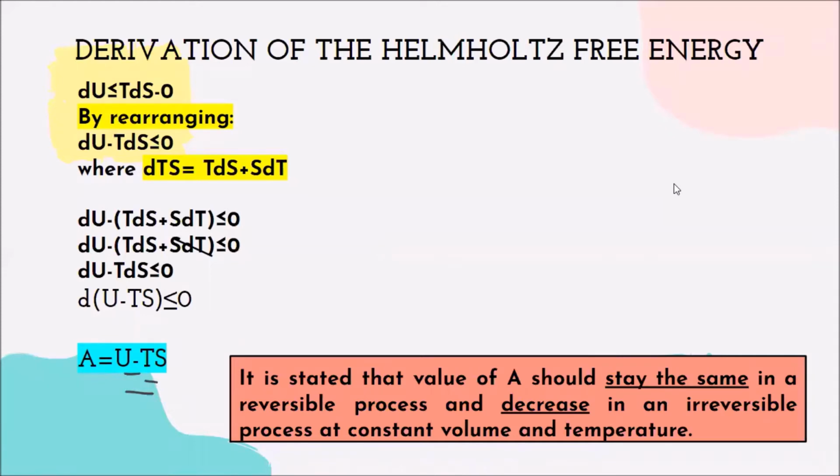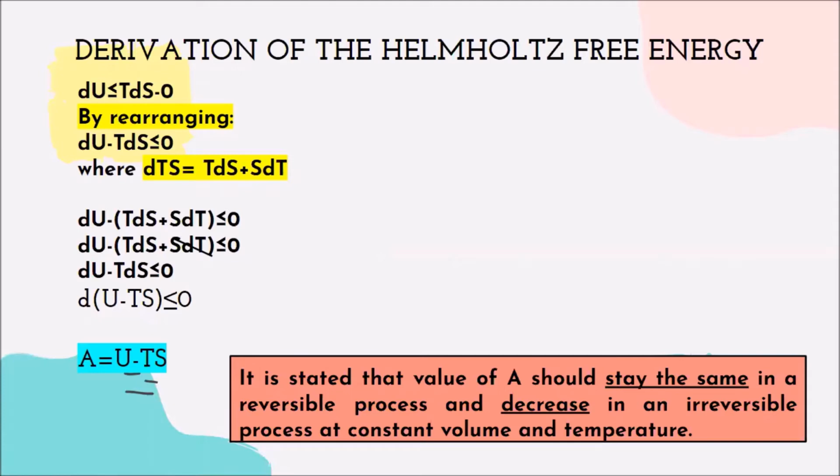By rearranging the previous equations, we will now get that the change in internal energy minus the product of temperature and change in entropy is less than or equal to 0, and d(TS) is equal to the product of temperature and change in entropy plus the product of entropy and change in temperature.